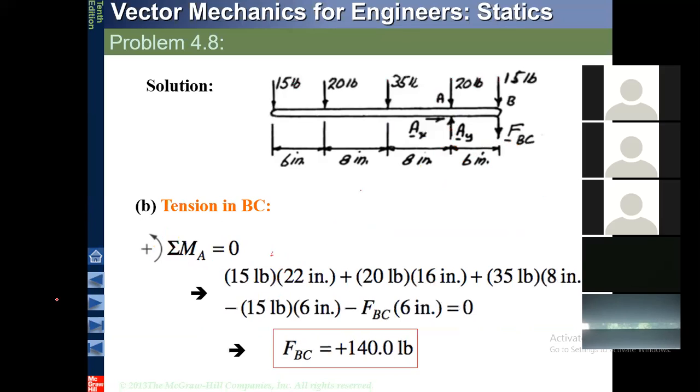So either you start with moment around point A, or sigma F of y equal to 0, and then check your answer with another equation. This is basically the same as sigma M about B, but the distances are with respect to point A.